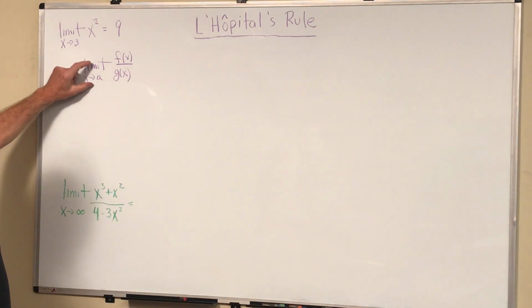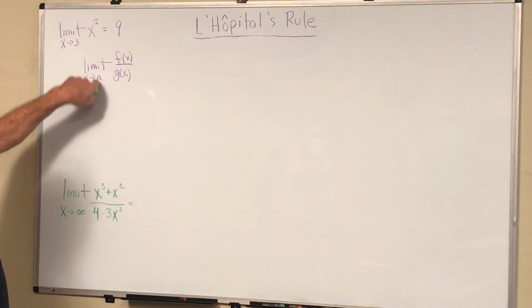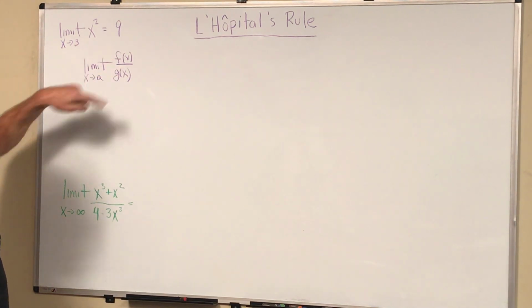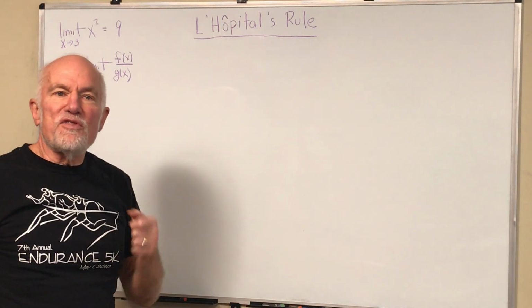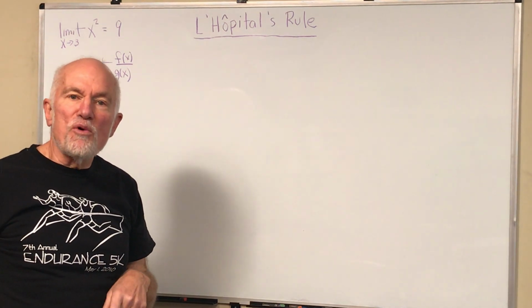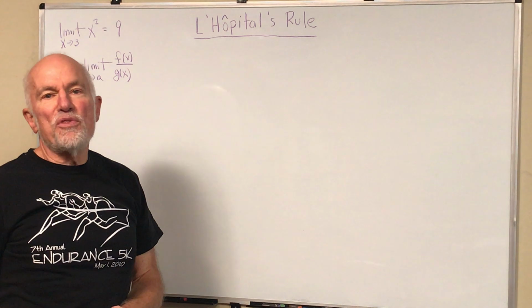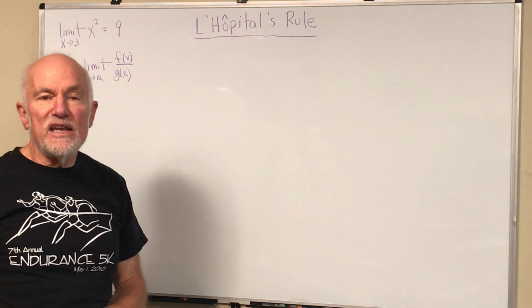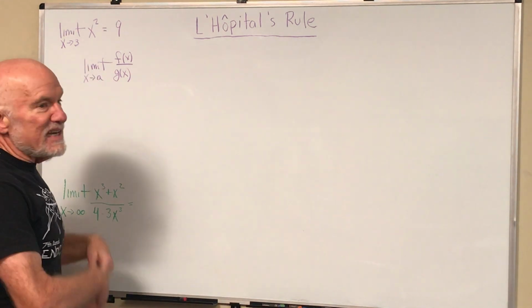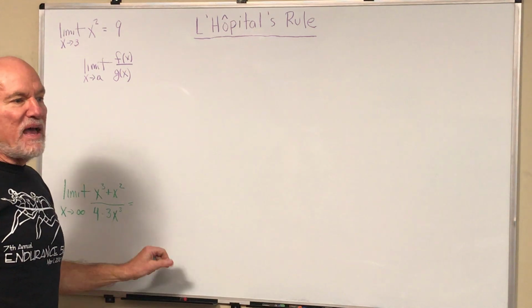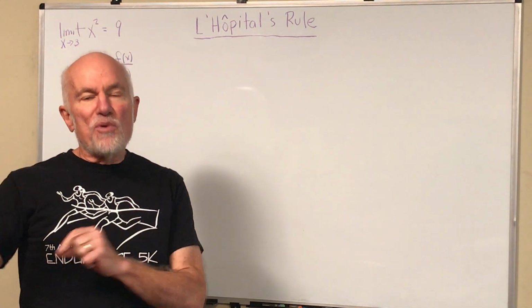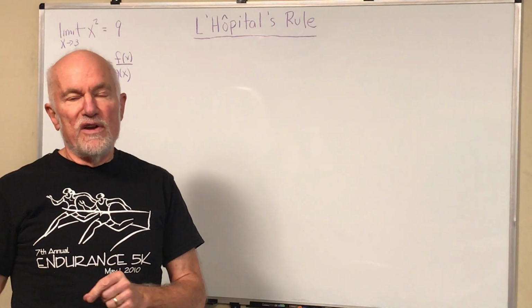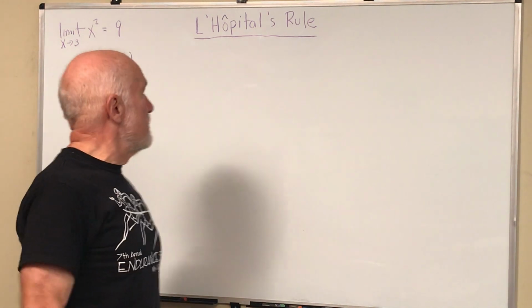The problem came when we went to plug a into a numerator and a denominator, and you got an indeterminate form. If the numerator and denominator were both approaching 0 or both approaching plus or minus infinity, then we got an indeterminate form because it depends on how fast the numerator and denominator are approaching 0 or infinity that's going to determine your answer.